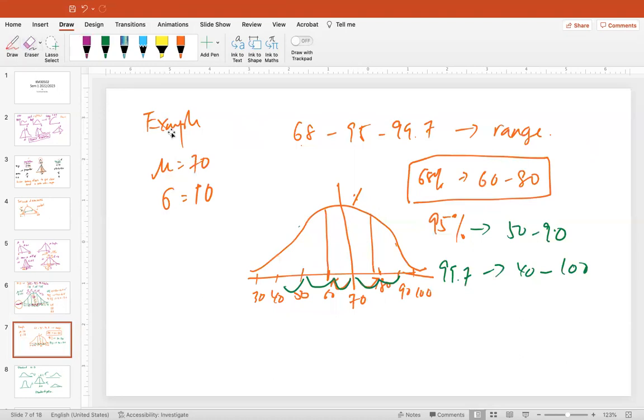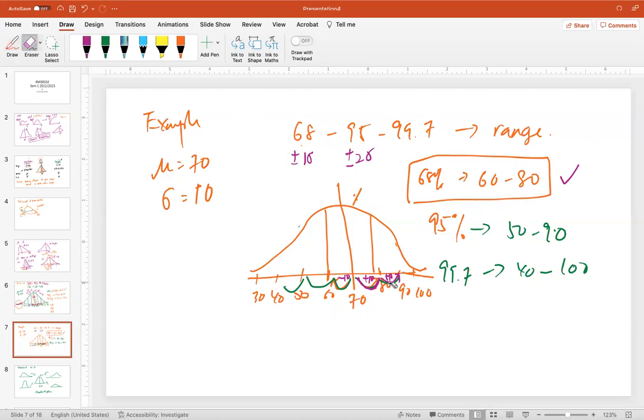And then after that, I know that 68% is plus minus 1 standard deviation. So I know that 1 standard deviation is 10. So plus 10 minus 10, I have 60 to 80. 60 to 80. So 95% is plus minus 2 standard deviations. So 1 and 2. So I have to add another 10 here.